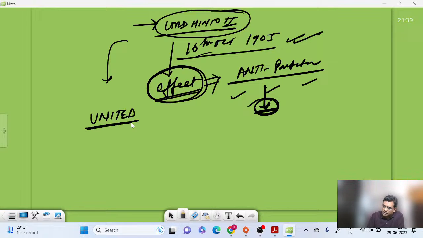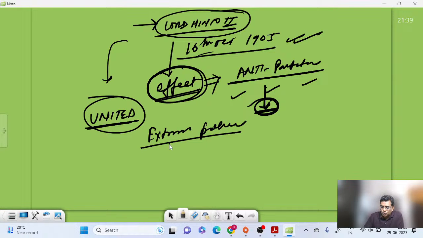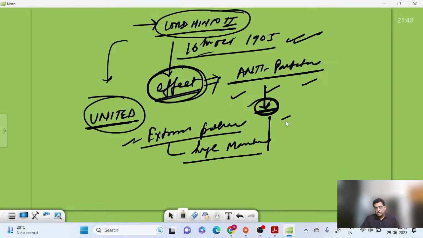So it was a historical blunder in the sense that the partition of Bengal had united various forms of nationalism, various sections of Indian society, and at the same time the extremist politics in India had also got huge momentum, right? So extremist politics of India also got huge momentum, and most of the revolutionaries trace their descent from the extremist politics.